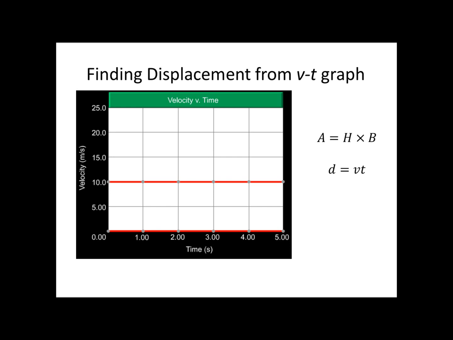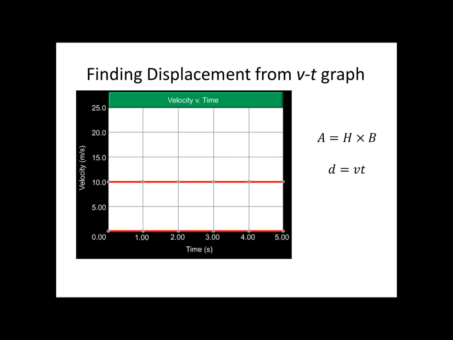So, if we take our height, that is our velocity, and multiply by our base, that's a time. So hey, there we go. When you take the area for this rectangle on the screen, you're actually finding the displacement. So that's why we're talking about the area under this graph.